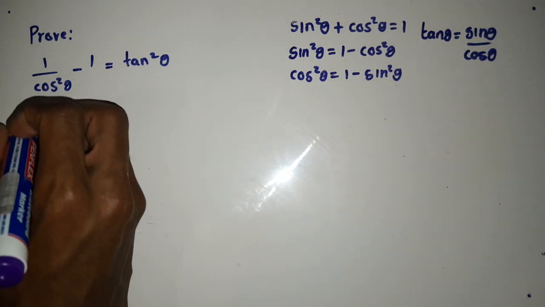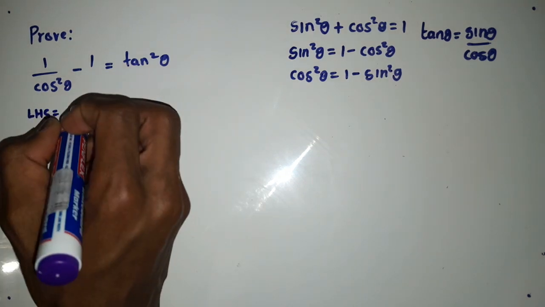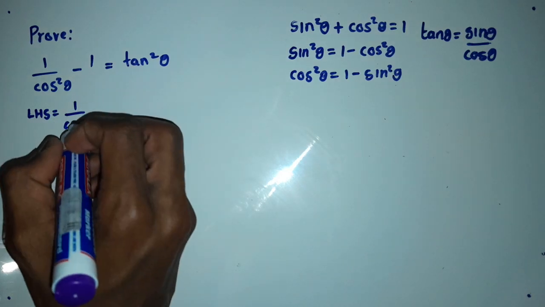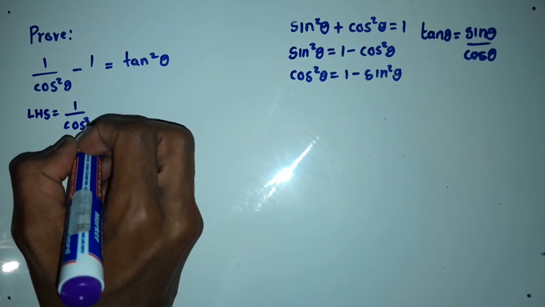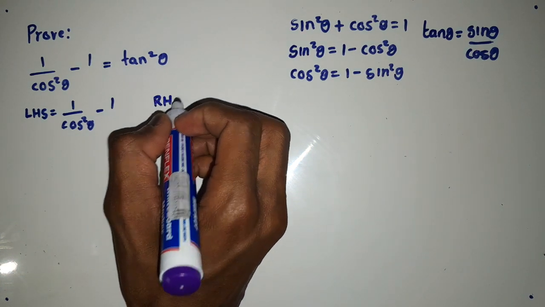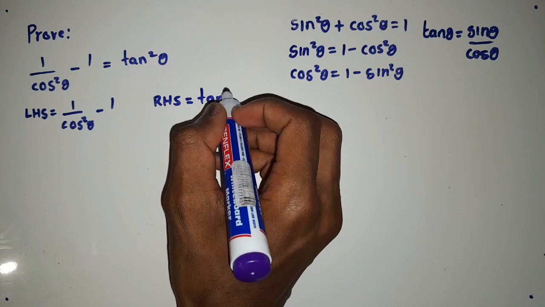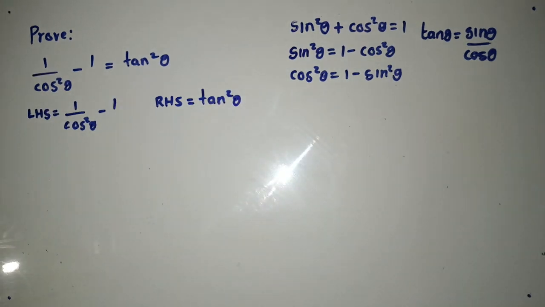Firstly, we write them separately like this: 1 over cos squared theta minus 1, and the right hand side, which is tan squared theta. Then from this you just need to pick the more complicated side between the left hand side and the right hand side.